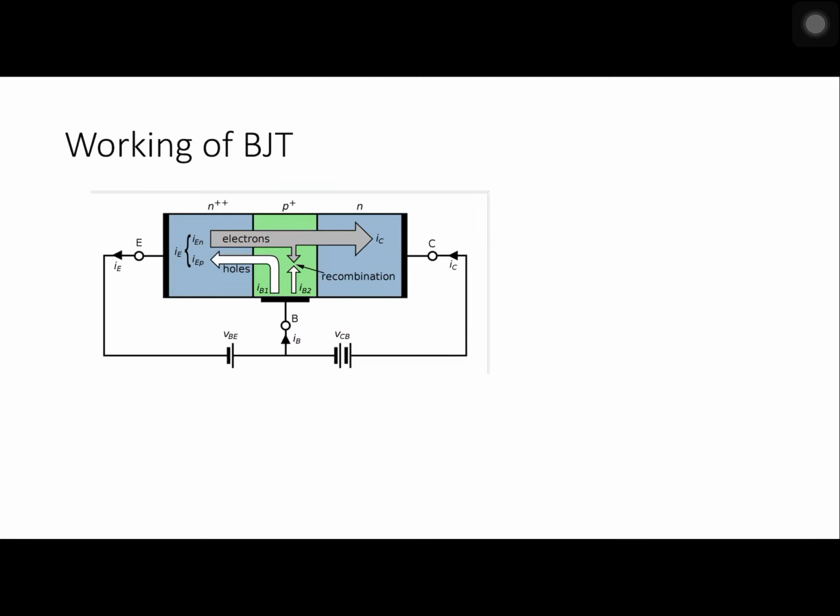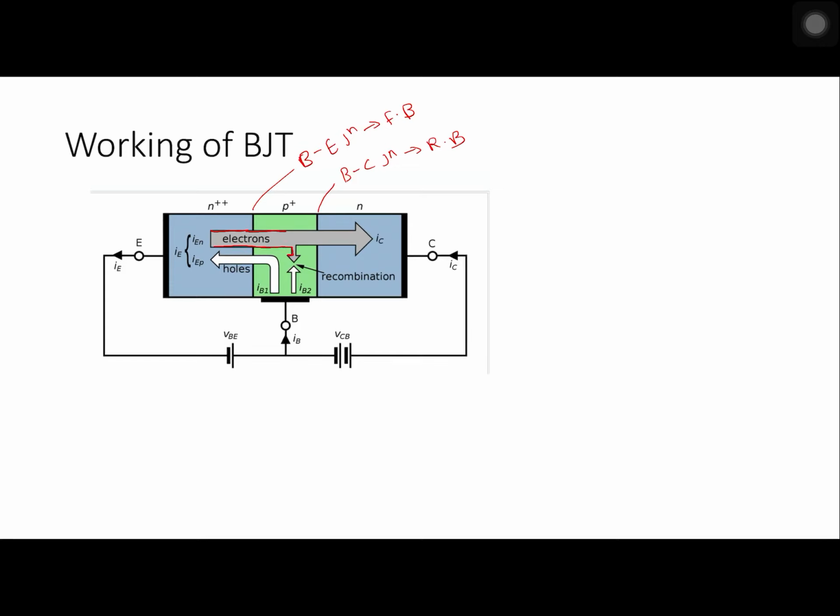This is BJT biased in active region. For active region, base collector junction is reverse bias, whereas base emitter junction is forward bias. In normal working of BJT, emitter will inject electrons into base.